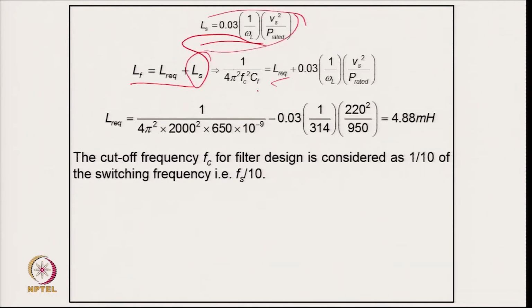From this we get the required inductor, which comes to 4.88 millihenry, and we are not very sure how much the source inductance is. So to make sure, we normally select a little higher than that, where typically FC is 1/10 of the switching frequency in this relation.